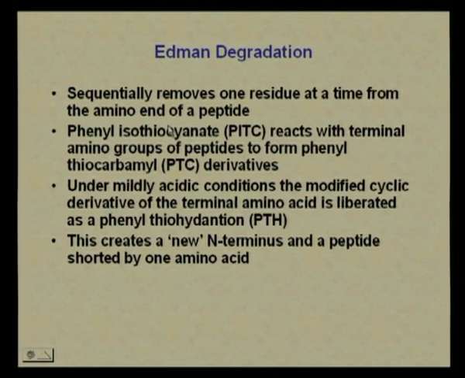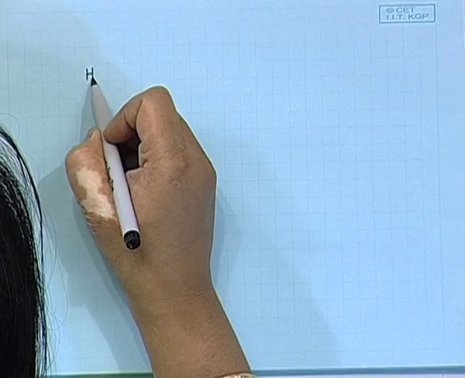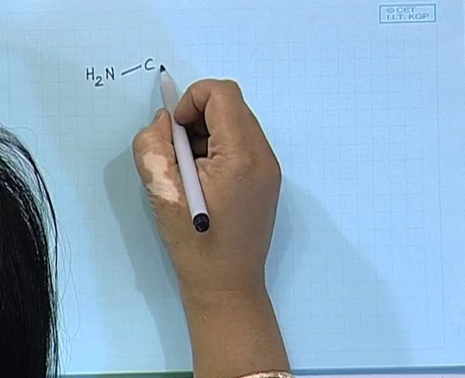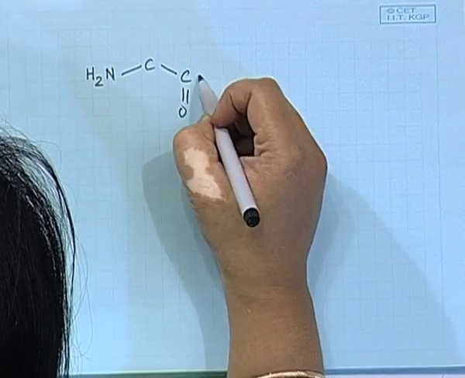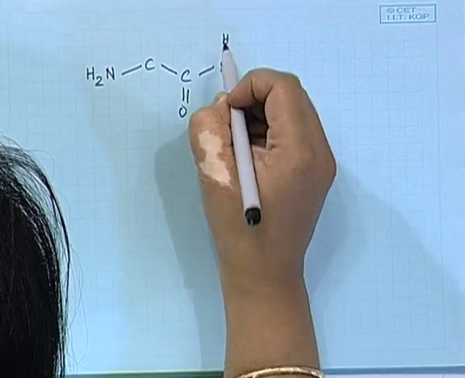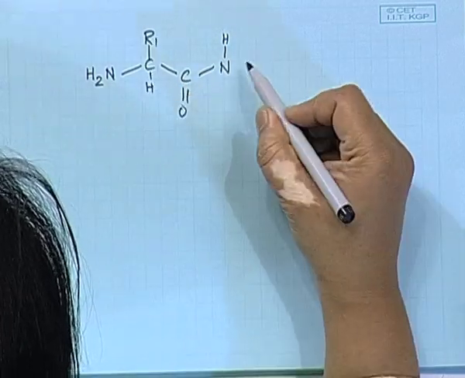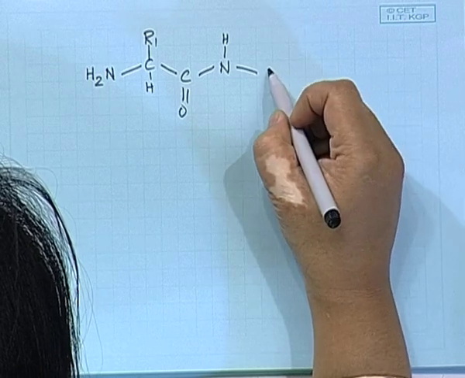So, if we have our polypeptide chain, what do we have? What is this going to be linked? This is going to be linked. So, we have an R1 group here, right? And what are we going to have here?